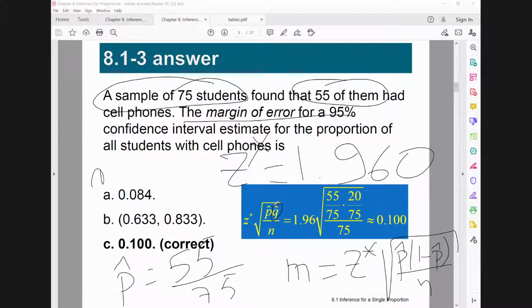Q hat is equal to 1 minus P hat, just by the way. And N equals 75 because the size of the sample is 75. Is it okay? Of course it's a real number, meaning B doesn't apply, as I said, it's either A or C. Then after using your calculator we conclude it's C.